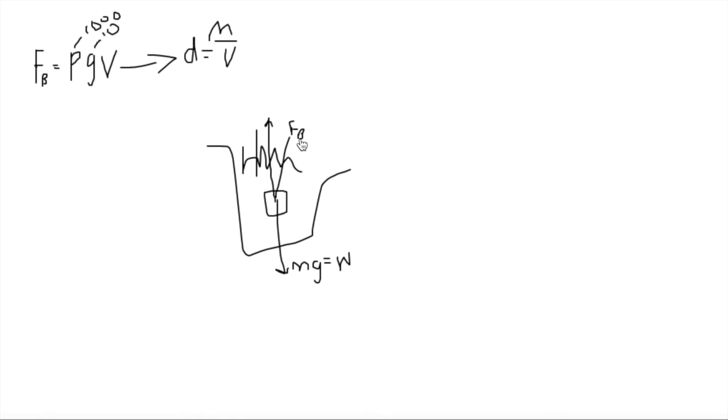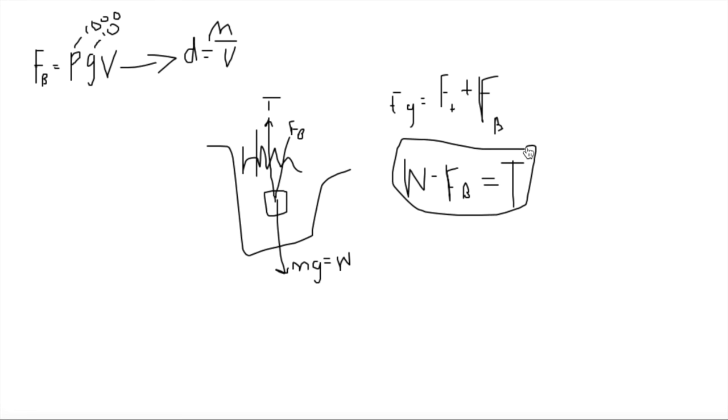The force buoyancy is pushing it up, the water's pushing it up, and then the other one is tension pulling it up. Since it's not moving, the weight has to equal the force buoyancy and force tension. So you do force tension plus force buoyancy equals the force of gravity. And then you change force of gravity to W because that's the same thing, and you get your answer.